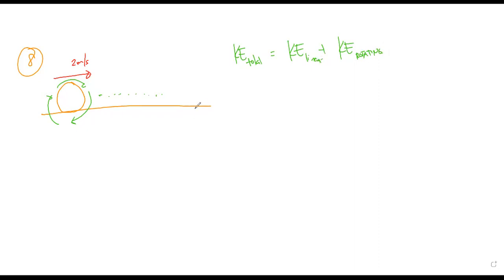The linear one is 1/2 mv square, whereas the other one is 1/2 I omega square. I stands for the moment of inertia.